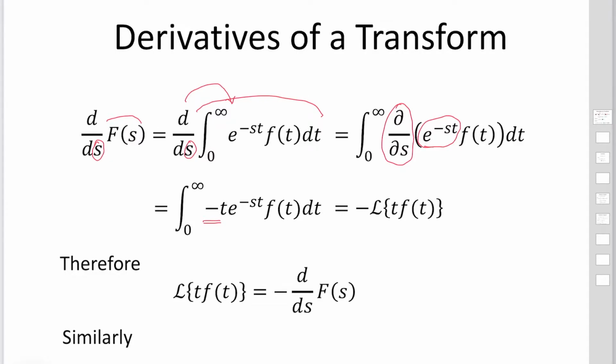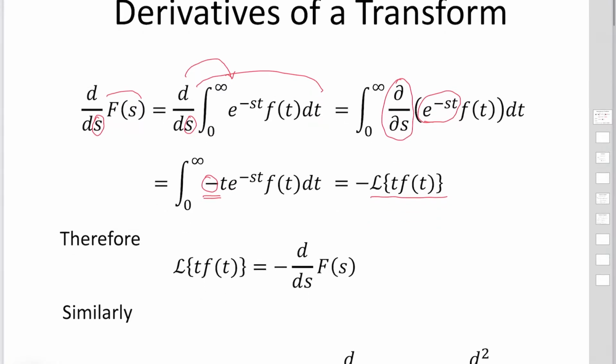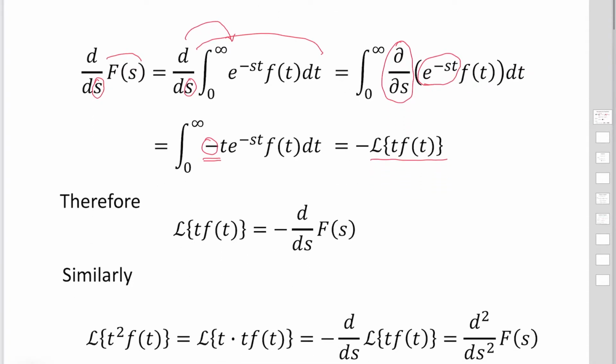So except for this negative sign, the other part of the equation is exactly equal to the Laplace transform of tf. So we could write that it's equal to the negative Laplace transform of tf. So the Laplace transform of tf is equal to minus the derivative of the Laplace transform with respect to s. Okay, we could obtain this formula.